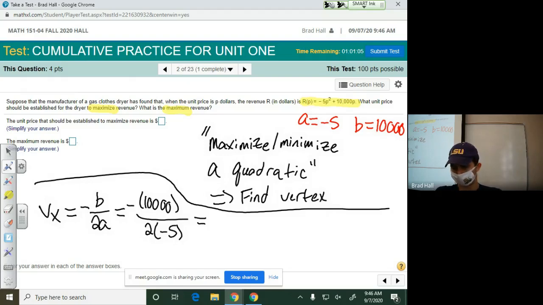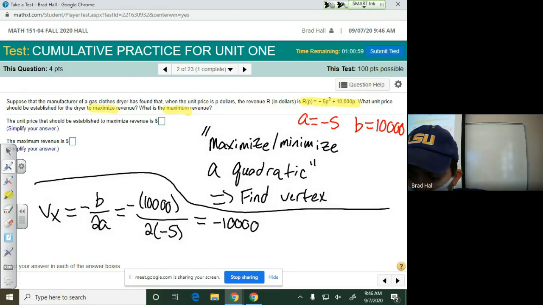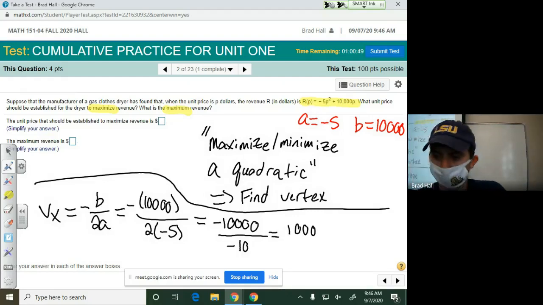So you can put all this in the calculator, or you can put it in one step at a time. And you should get 1,000. If you did not get 1,000, you put it in the calculator incorrectly. And please check your work.